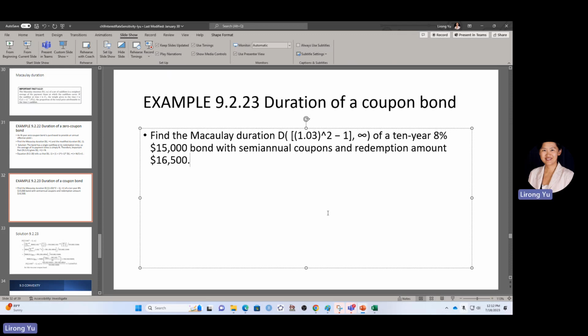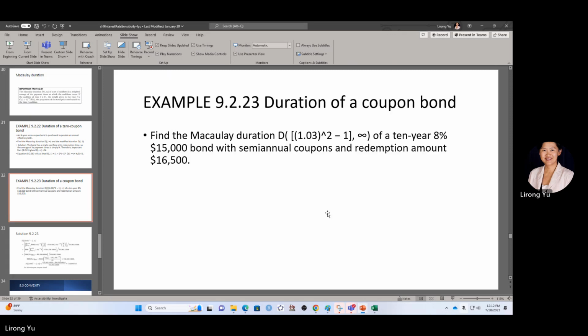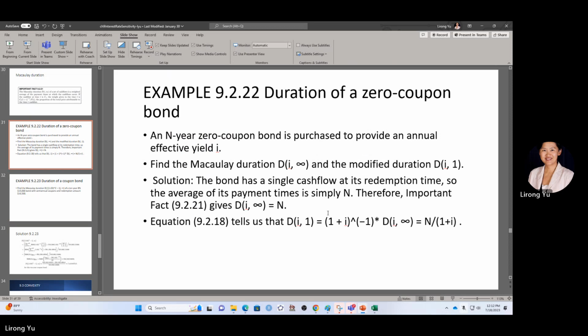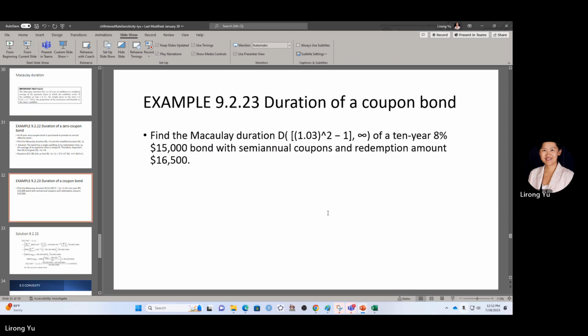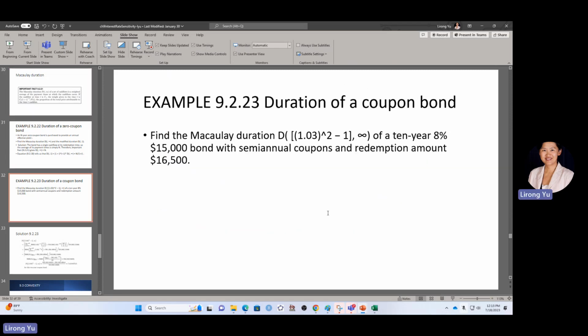It's an 8% coupon bond. What was the interest rate? The coupon rate is 8%, then, oh, it says 1.02 squared minus 1. That's the i.